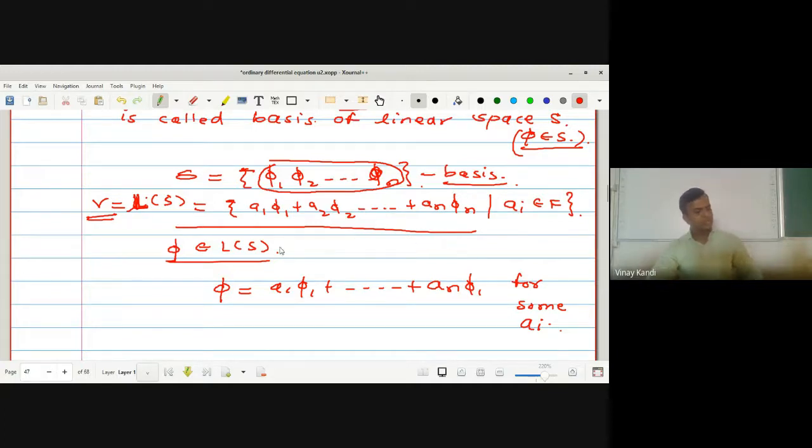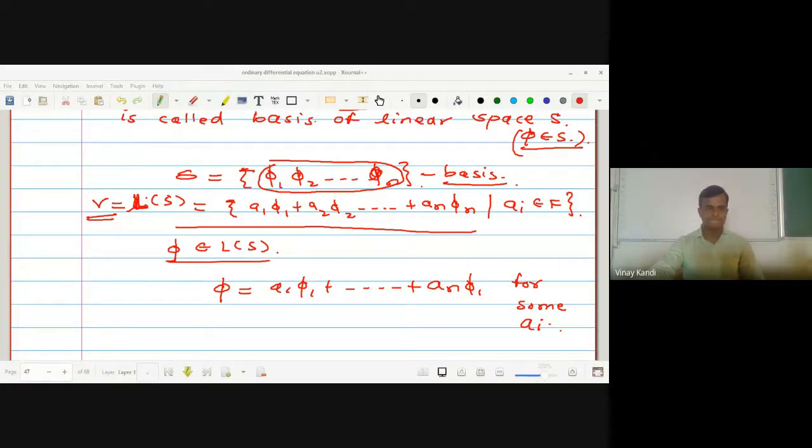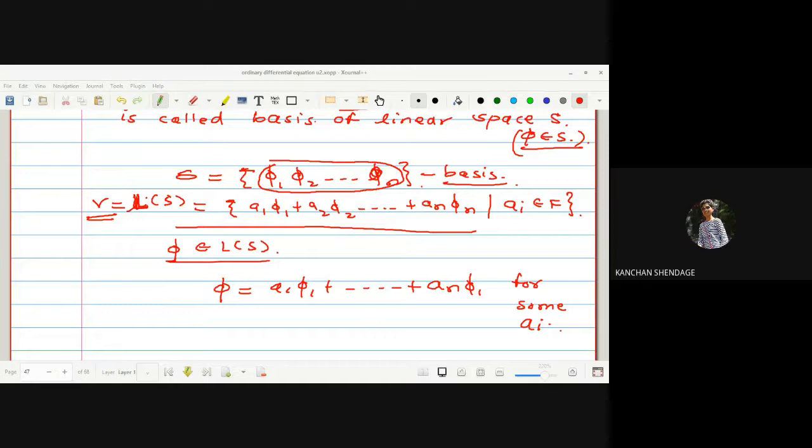Again the same theorem: Wronskian and linearly independent for the homogeneous differential equation of order n with variable coefficients. After that there are 2-3 examples. After that comes the non-homogeneous equation. Any doubt in this lecture? No, sir. Okay, we'll stop. Yes, sir.